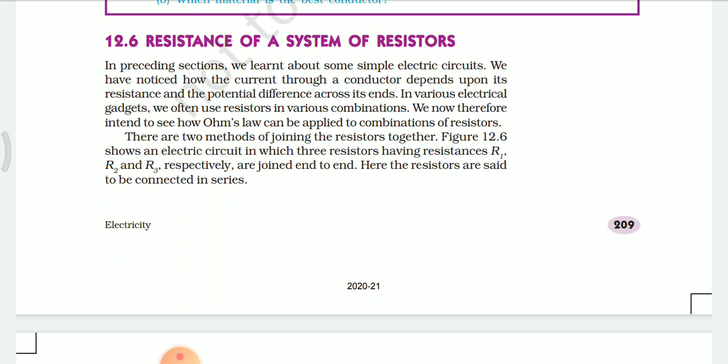There are two methods of joining the resistors together. Figure 12.6 shows an electric circuit in which three resistors having resistance R1, R2 and R3 respectively are joined end to end. Here the resistors are said to be connected in series.